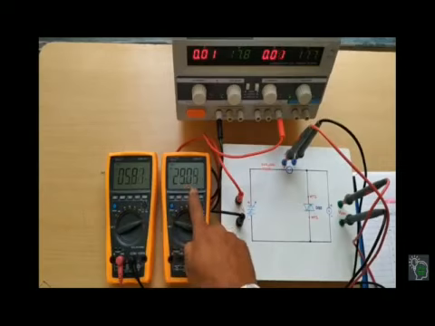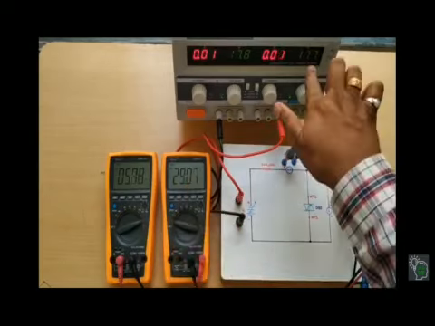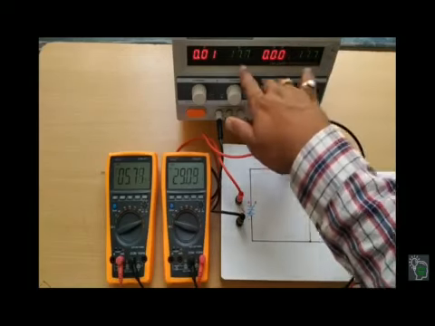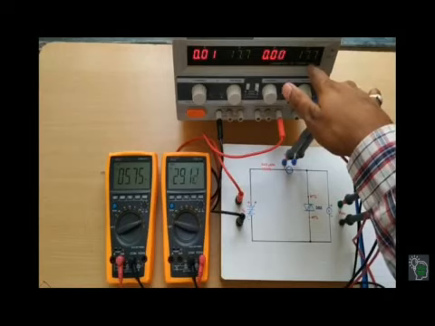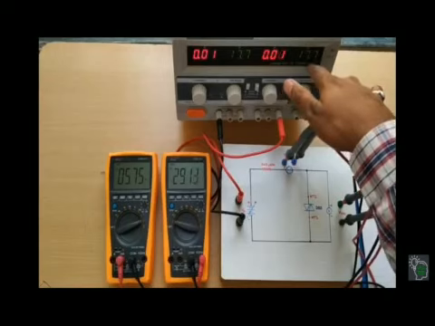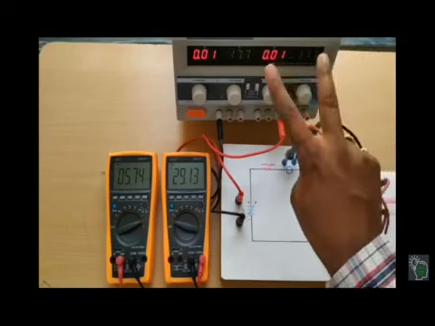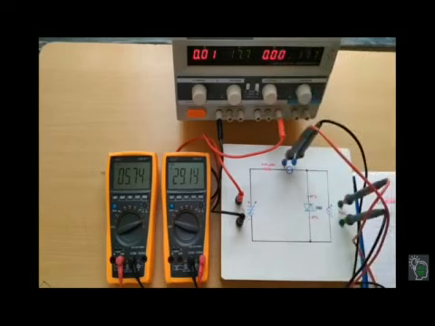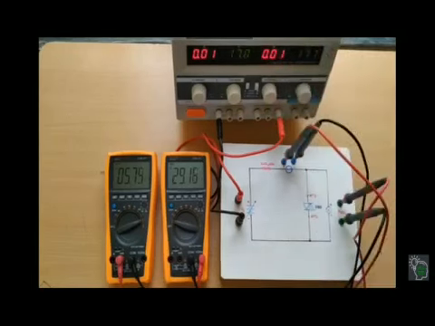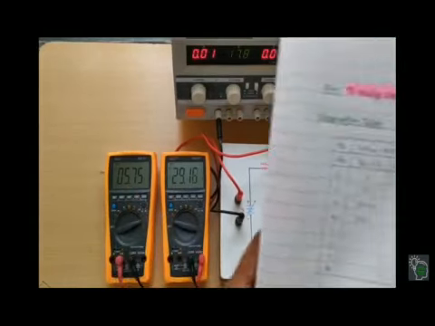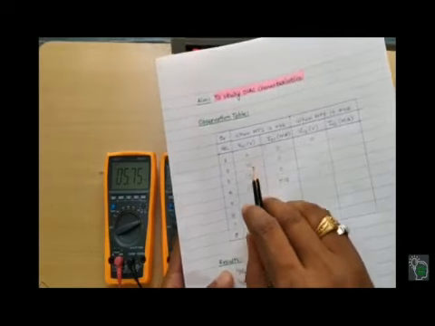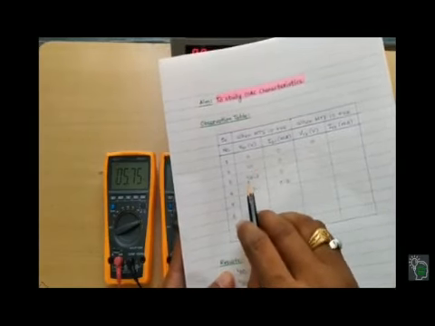Suddenly our voltage decreased to 29 volt and the current increased to 5.7 milliampere. So now we triggered the Diac at the point of 34.3.